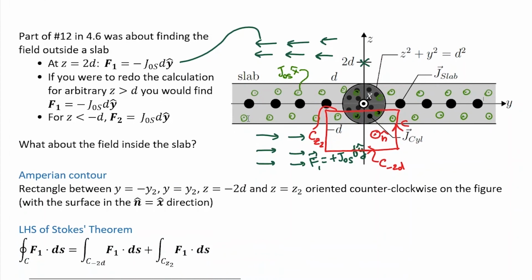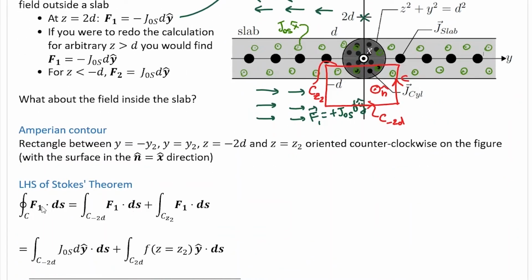Now let's simplify the left-hand side of Stokes' theorem. Again, we break down the integral into 4 parts, but only the parts parallel to the field survive. So this would be the one for the bottom line and the top line. What I did here is I wrote F1 for the bottom line as what we just found it to be, J naught S d y hat.